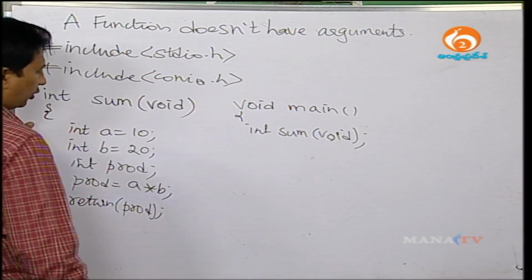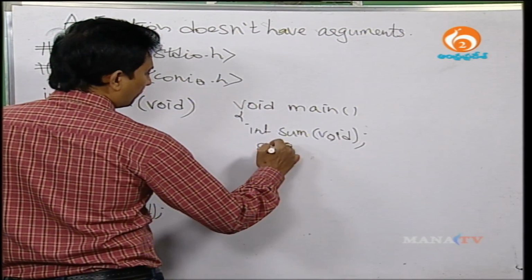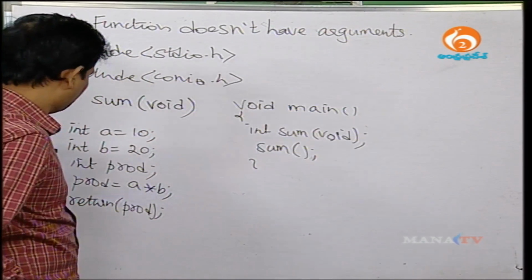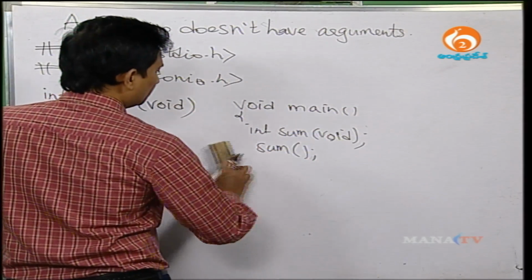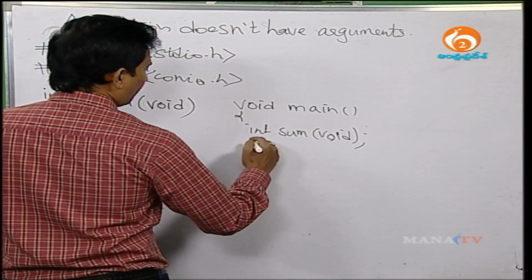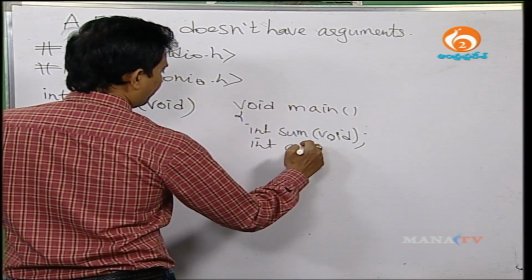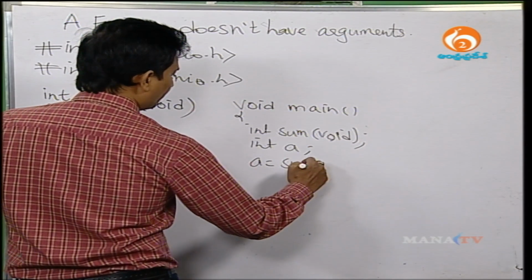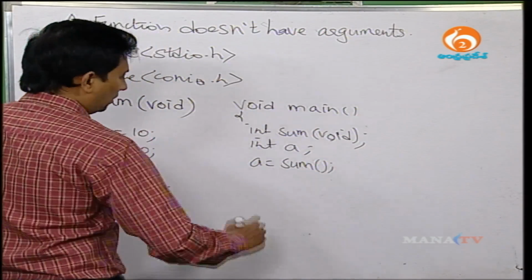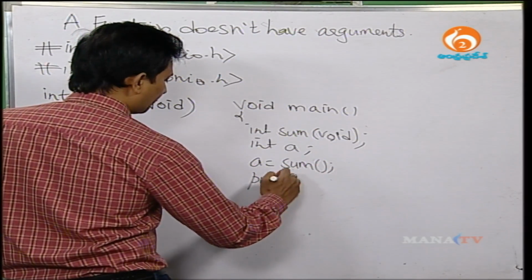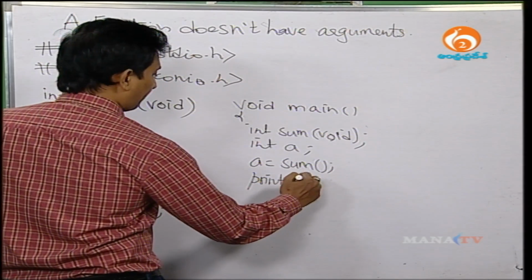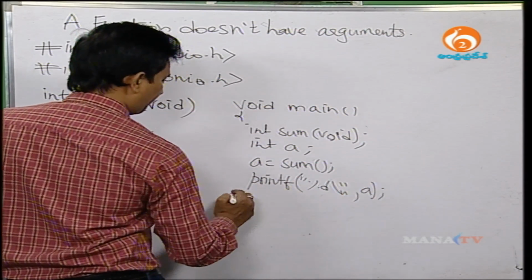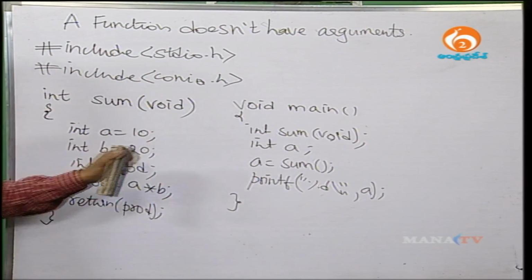Next, the function call. int a, a equal to sum of, then printf %d \n a. Execution starts from here.